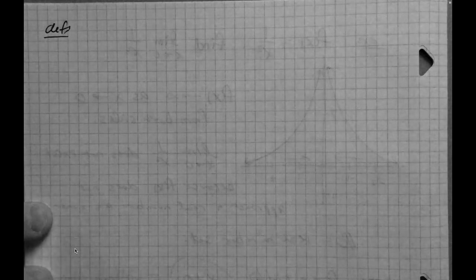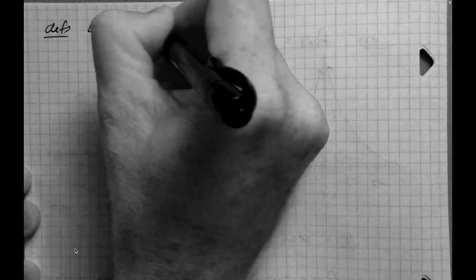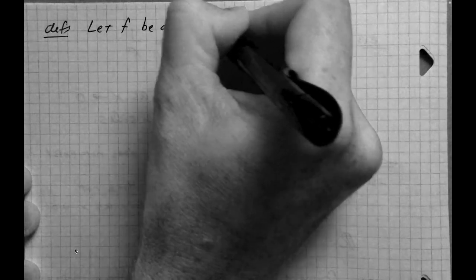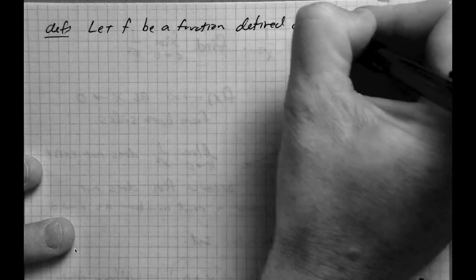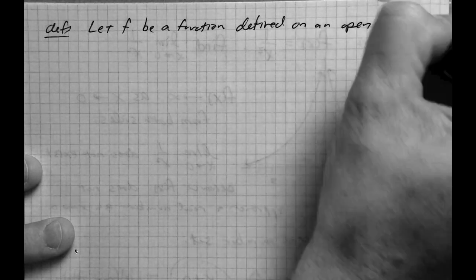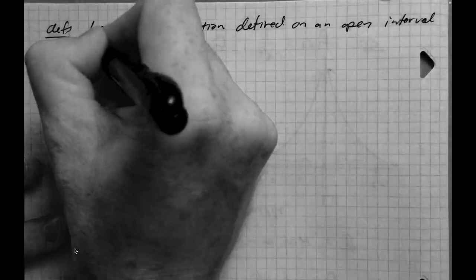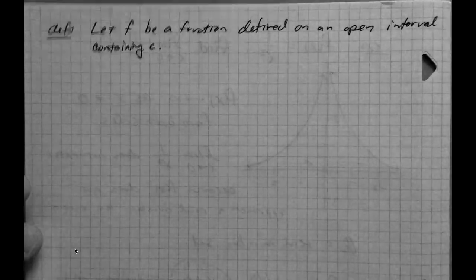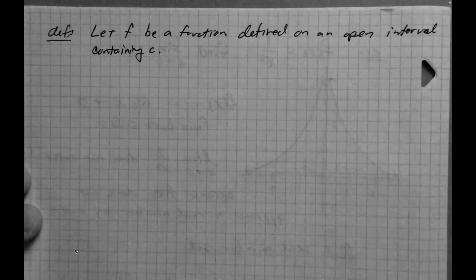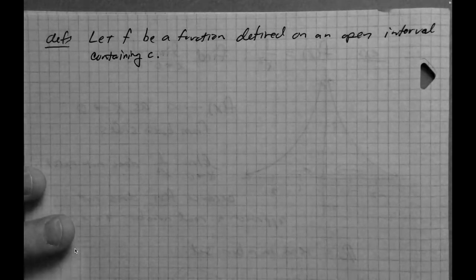So let f be a function defined on an open interval containing c. Now, c is going to be the limit point, and the importance of the open interval idea is just that there's room on both sides of c.